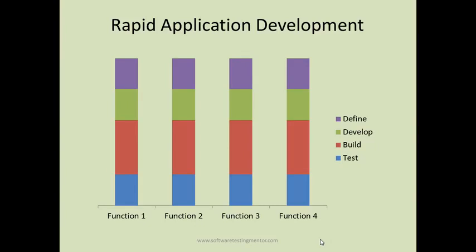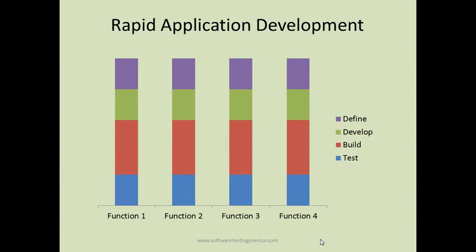So what they will do is they'll define, develop, build, and test. These teams will define, develop, build, and test all the different functionalities, and then all these functions are integrated into one, and a working product is demoed to the stakeholders.